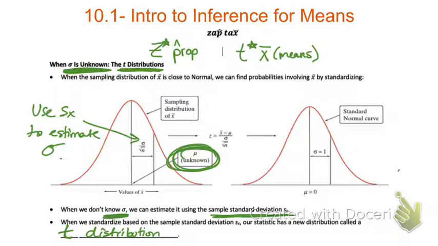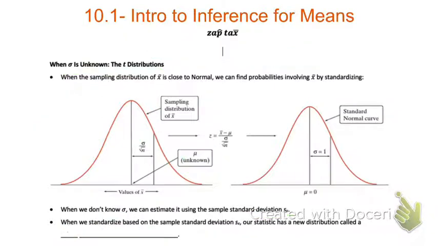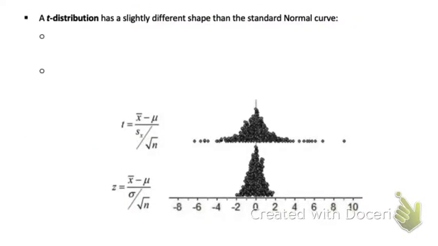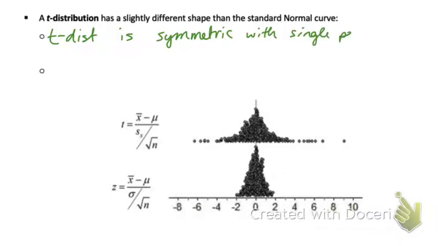Okay, so this T distribution. Real quick, let's talk about a couple of things about the T distribution. The T distribution is symmetric with a single peak at 0. Well, that kind of sounds exactly like the Z distribution.